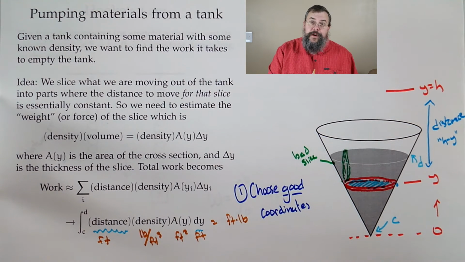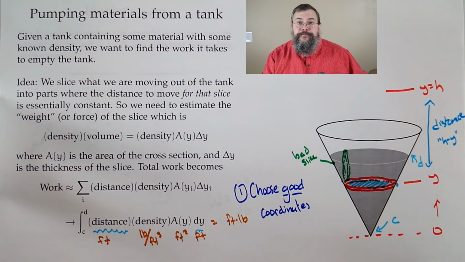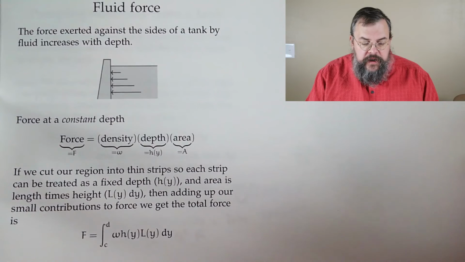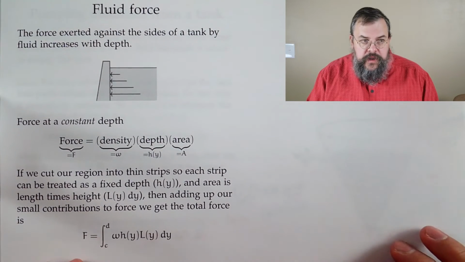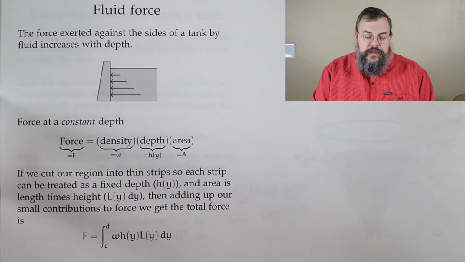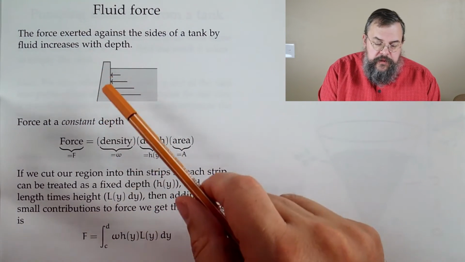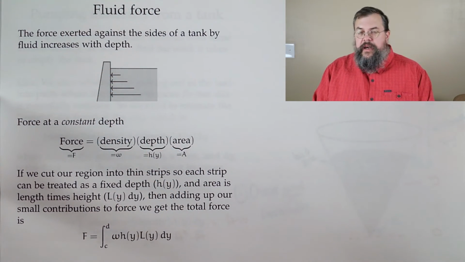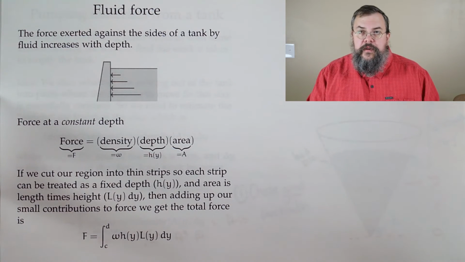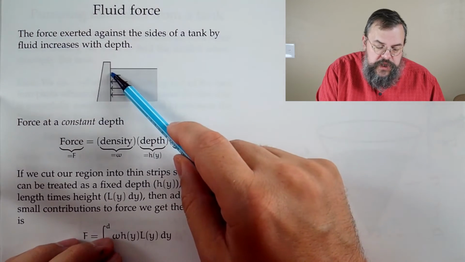All right, one more idea. The other thing that we might want to do is called fluid force. What is this? You can imagine a picture of something like a dam, and you have this liquid, again, just think of it like water, pushing against the dam.